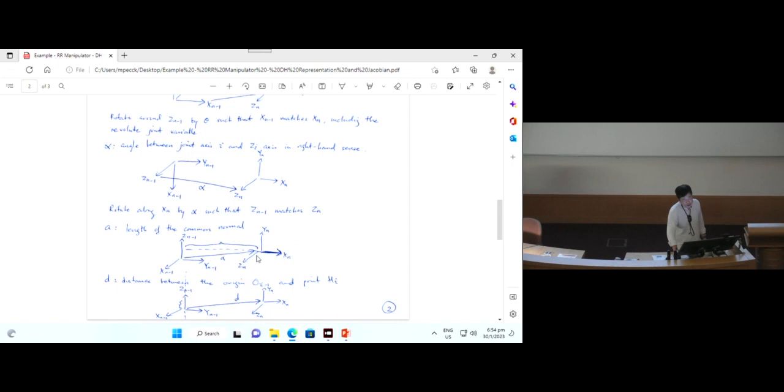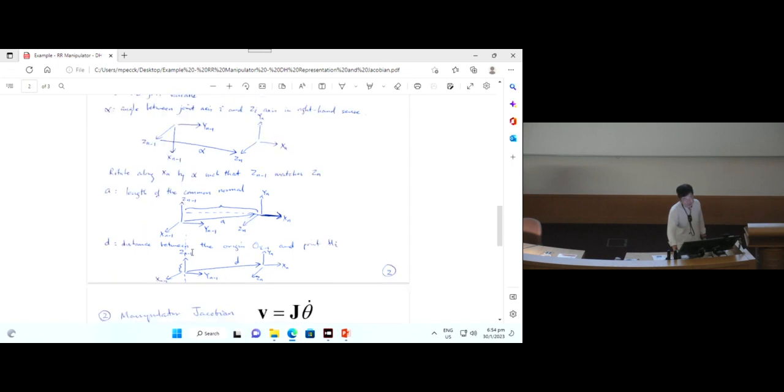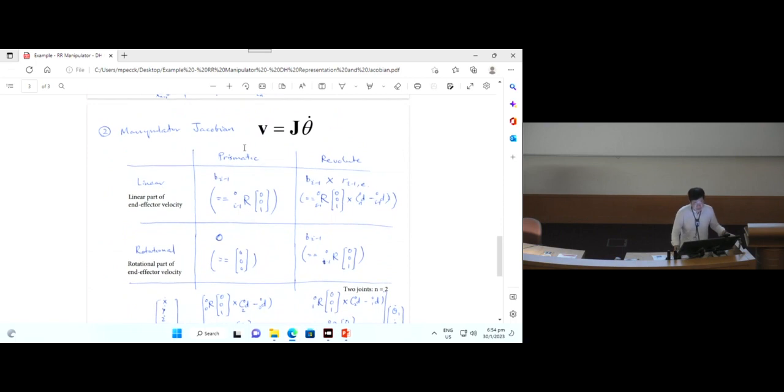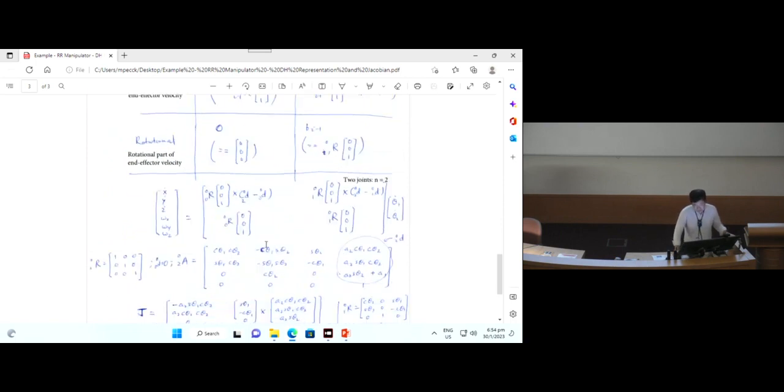A is essentially the length of the common normal, and D is the distance between the origins. Based on the procedure, you can infer it on a simple example in this manner. We'll talk about the manipulator Jacobian next week.